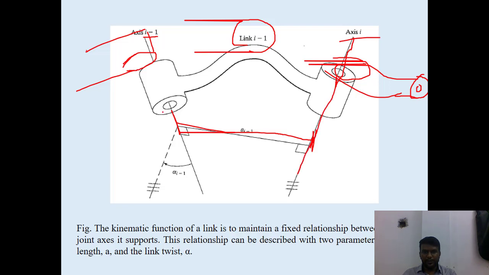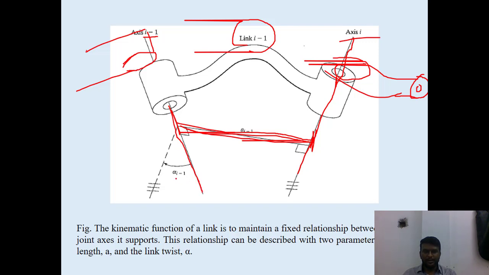When we extend these two axes and draw a line, that will be the common perpendicular. It should be perpendicular to both axes. There may be a number of perpendiculars to each axis, but this one should be perpendicular to both axes, and that will give you the link length. That is called link length.